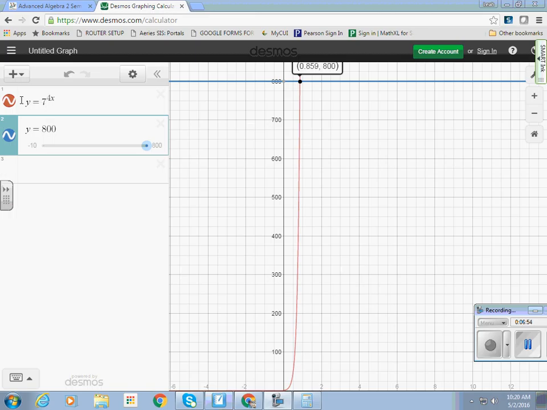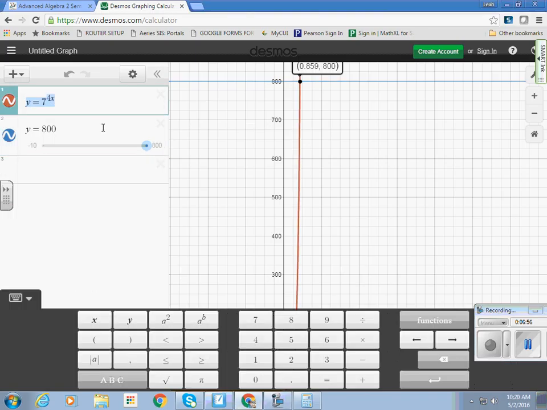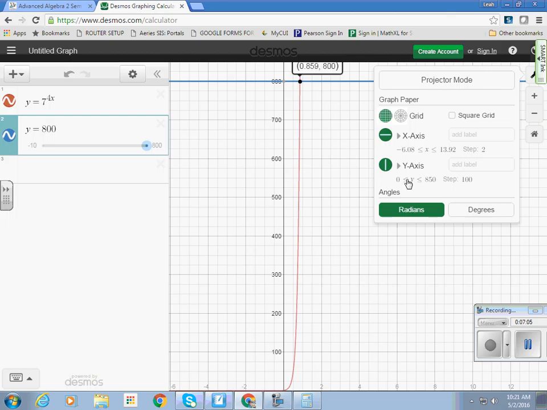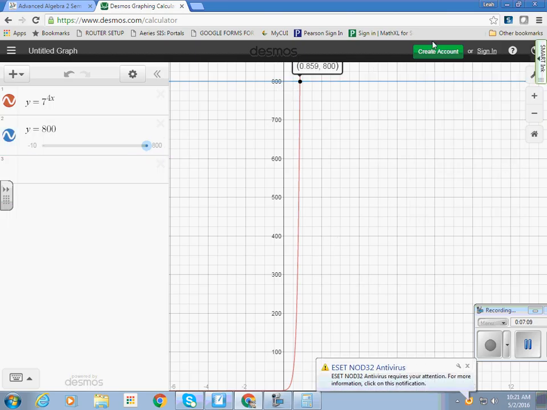You graph the left-hand side of the equation, y equals 7 to the 4x, and you graph y equals 800. And then I changed my settings so that I could see my y's near the 800 region.